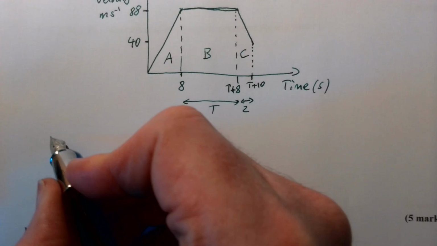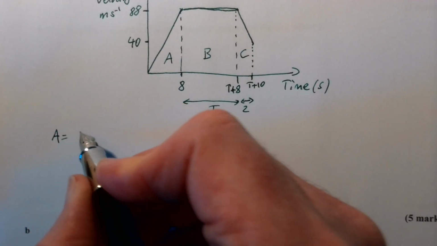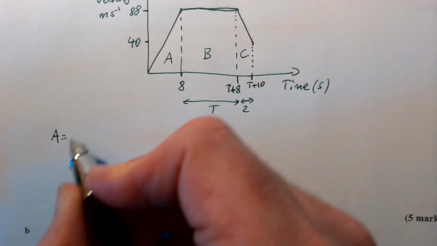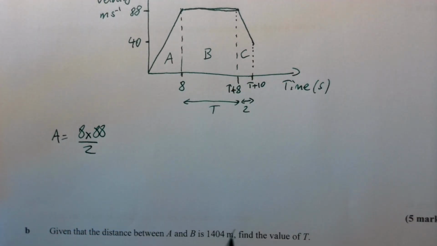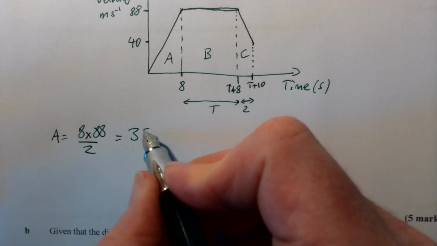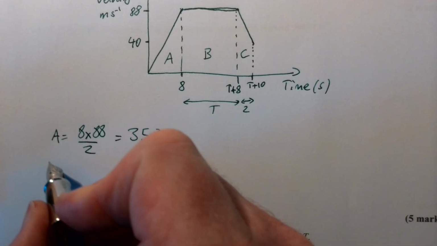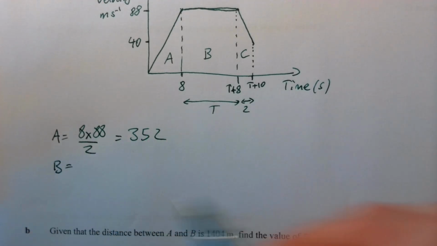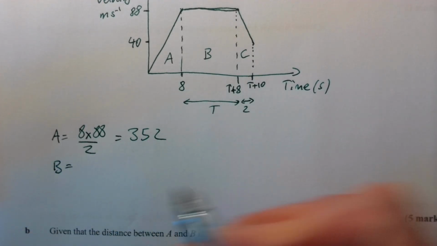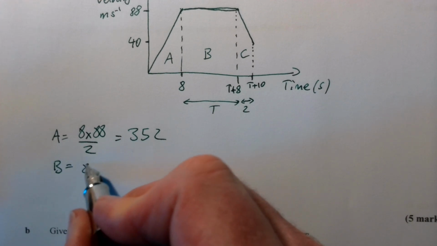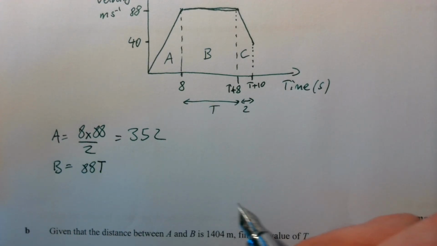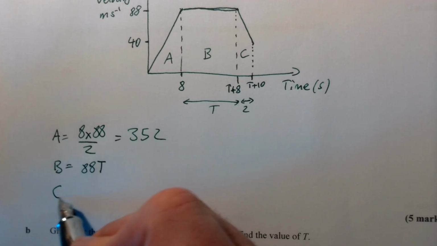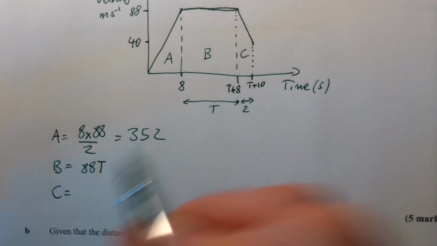Now I would split this into A and B and C, and then just work out each one separately. So my A is going to be 8 times 88 would give me the rectangle, so divide that by 2 to give me the triangle. So that's 352 meters. My part B is just a rectangle, so that's dead easy. That is just 88 times t, so whatever that is. And then C, well, that is a trapezium.